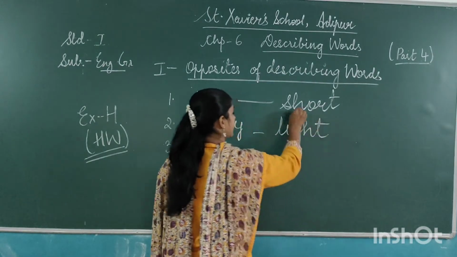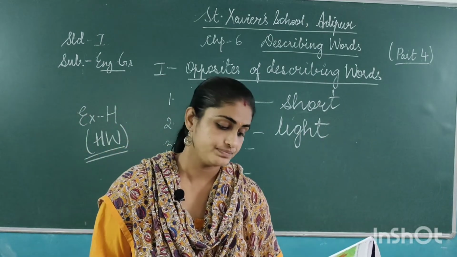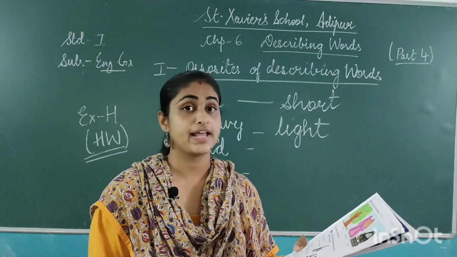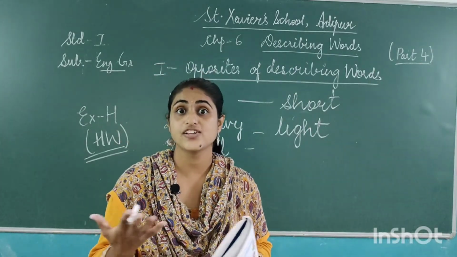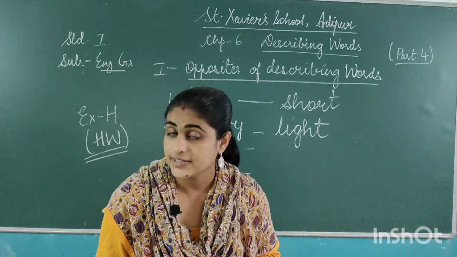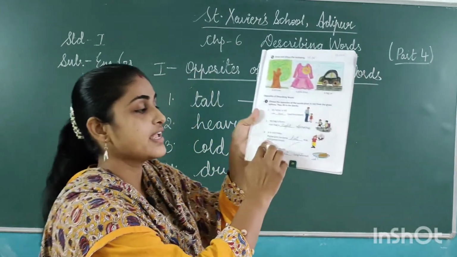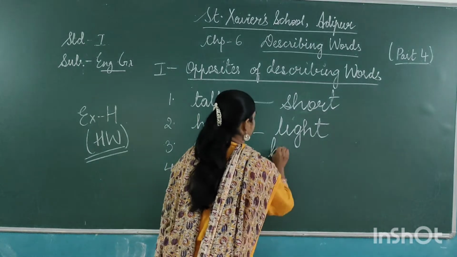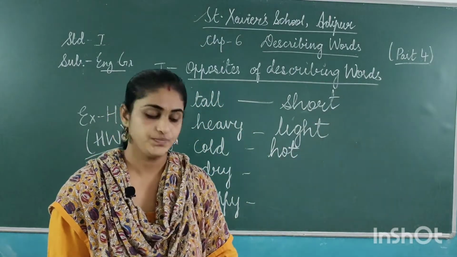LIGHT, light. Light means light in weight. It is cold today. Please give me some dash milk. It is very cold today. So I want dash tea. What will be the opposite of cold? Hot. So cold, hot. You will tick from the options given here. So cold's opposite will be HOT, hot. Understood?